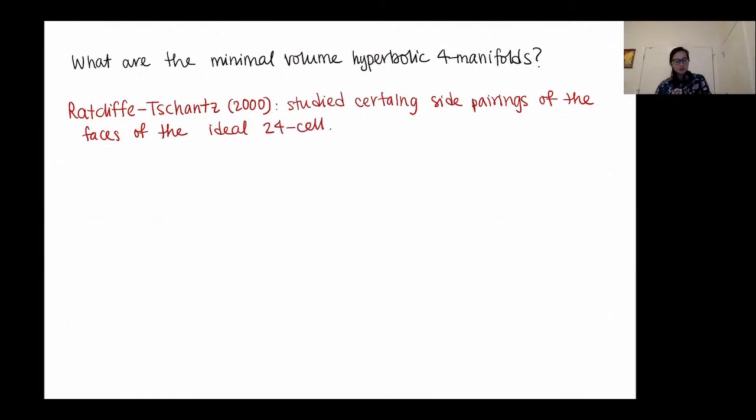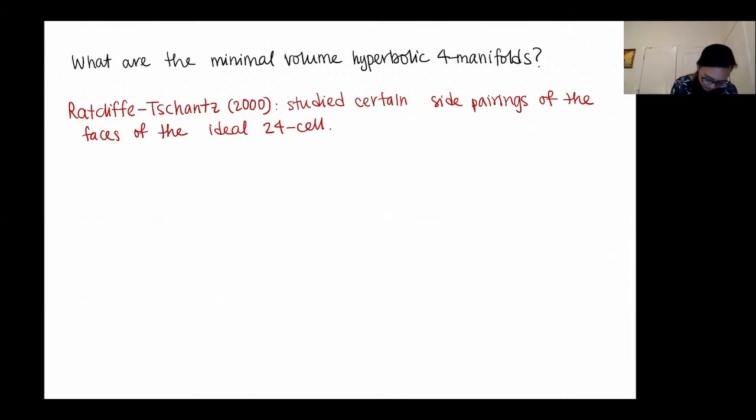Okay, so the ideal 24-cell is an ideal polytope that is hyperbolic of dimension 4, and it has 24 faces. And if you match up the faces in the right way, you might get a manifold. So they looked at this. They didn't look at all the possible side pairings. They looked at a certain class of them.